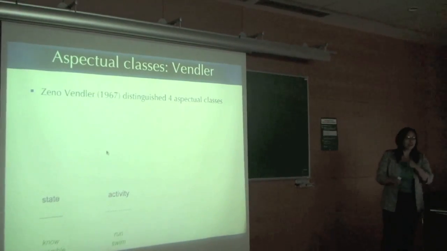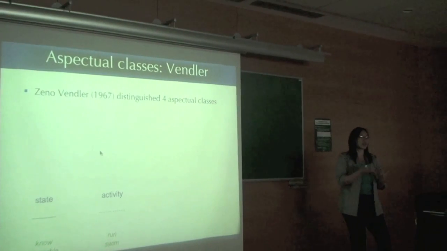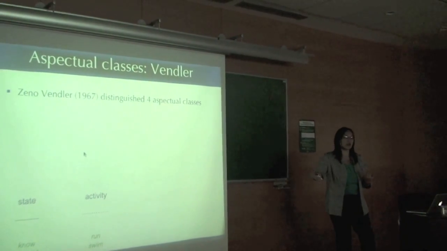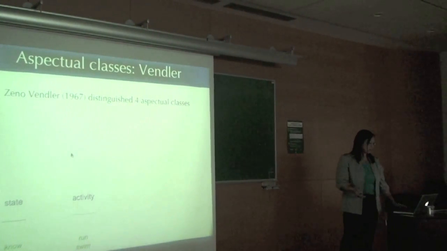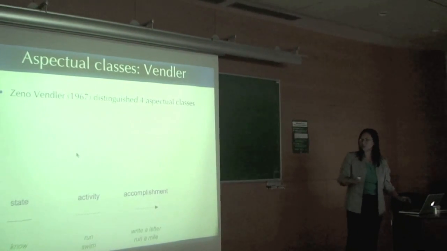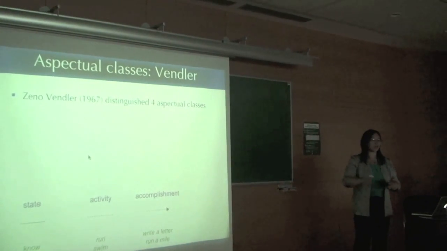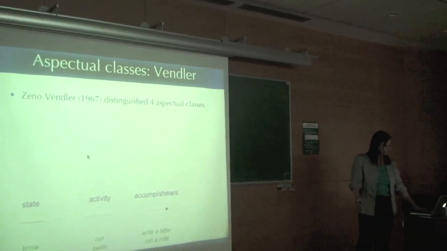Okay, activities: running, swimming, the kinds of things where I'm running a lot and taking many steps, something that has a process and moves along in time. There's some change, but you're doing some kind of continuous activity. Accomplishment, that's the idea that you're moving toward a goal. You're writing a letter, you're running a mile, there's some endpoint, it's telic, right?